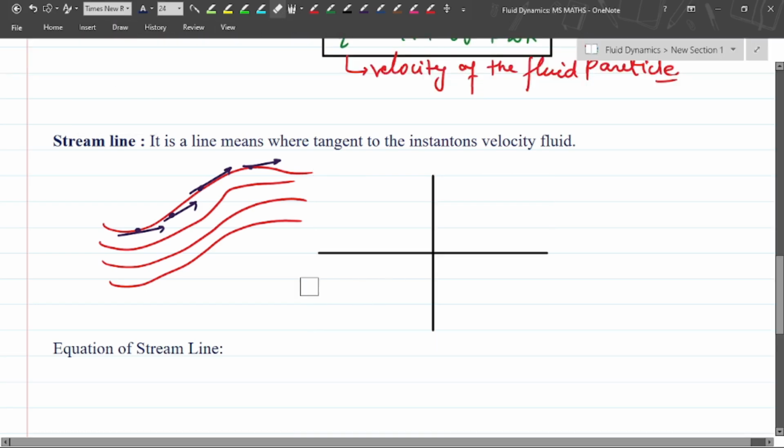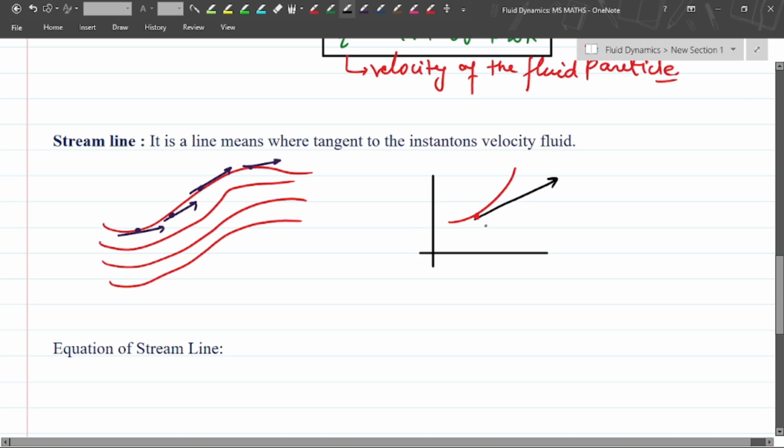We can have an idea with some graphical values. So if it is a fluid flow, I will take a point, and a similar triangle will be there, or I can draw the tangent in the direction like this. This is the streamline.